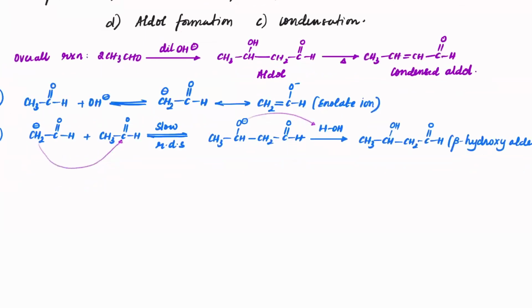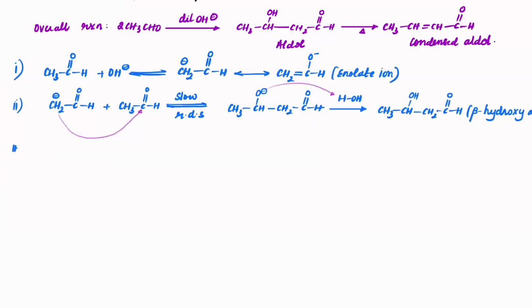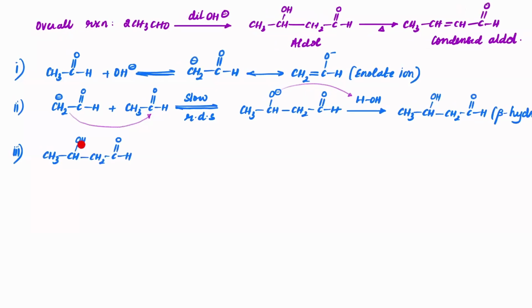The third step is condensation. Once you take this aldol form, notice something very important: this OH minus is a very weak leaving group.